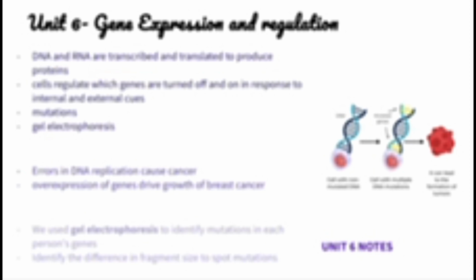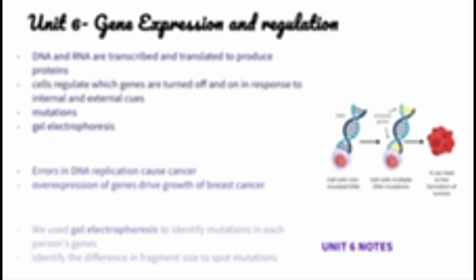Cells regulate which genes are turned off and on in response to internal and external cues. There are different types of regulation within cells: transcriptional regulation, post-transcriptional regulation, translational regulation, and post-translational regulation. So each part of the gene expression process is regulated.